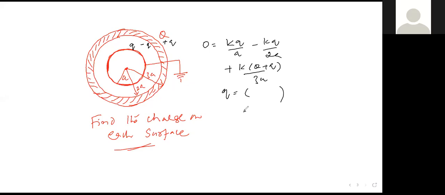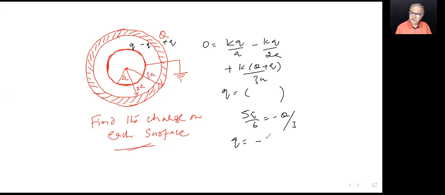So 5Q by 6 equals minus Q by 3. Right. So Q equals minus 2Q by 5. Is that correct? Yes, sir.